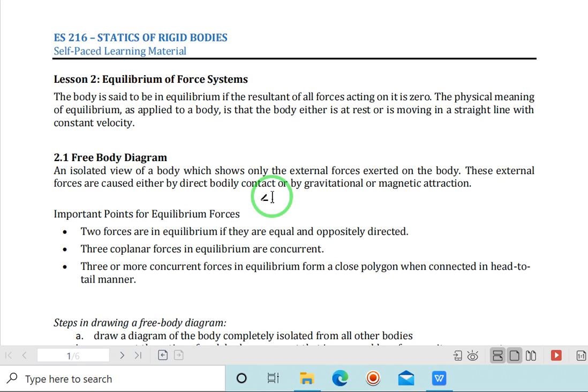Now we have several points to remember in equilibrium of forces. Two forces are in equilibrium if they are equal and oppositely directed. So meaning, the magnitude is the same but the direction is opposite.